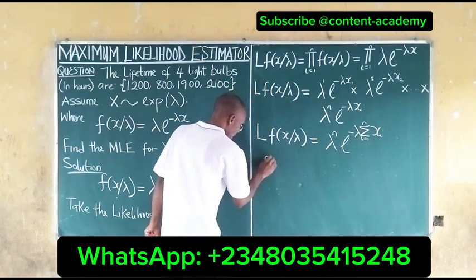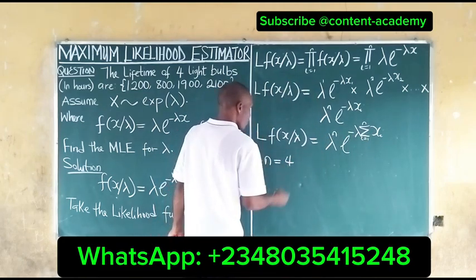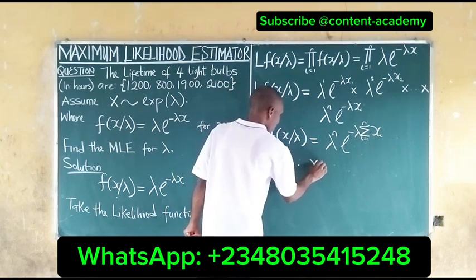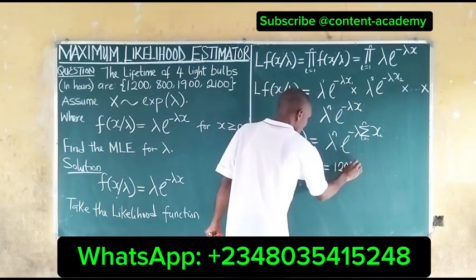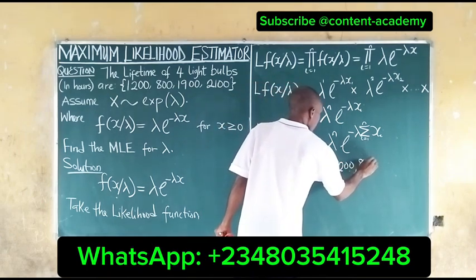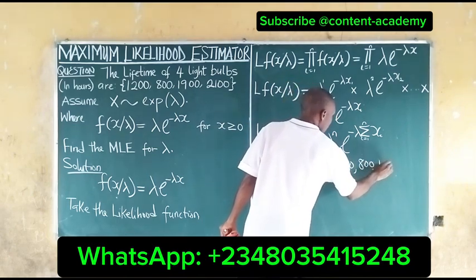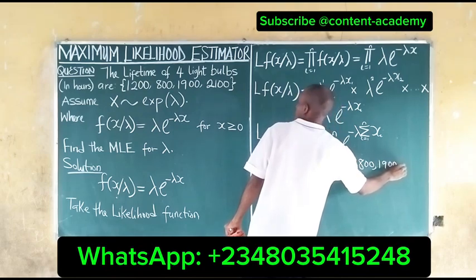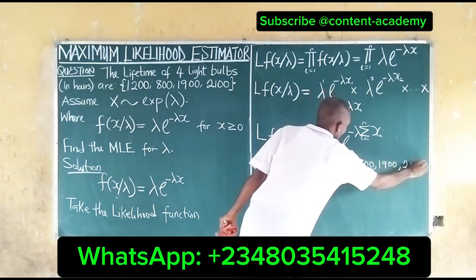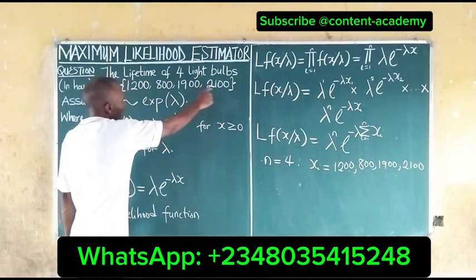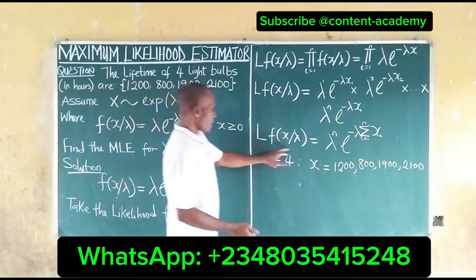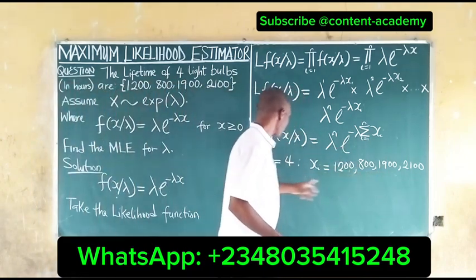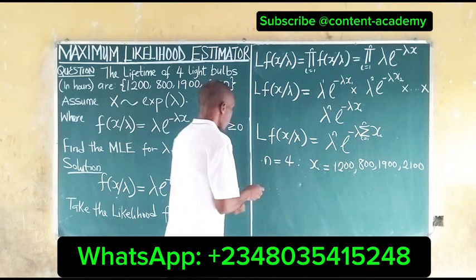Now, our n is equal to 4. Our xi values are 1,200, 800, 1,900, and 2,100. So these are our xi values, the values that are given. This is our likelihood function, these are our xi values, and this is the number of observations.